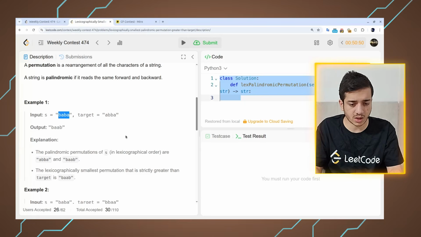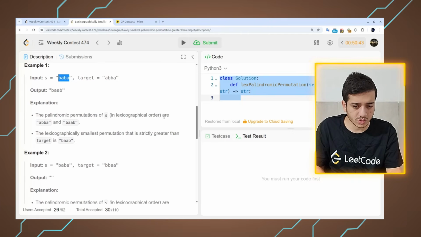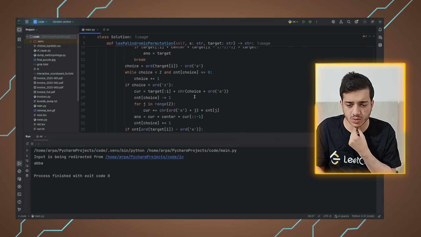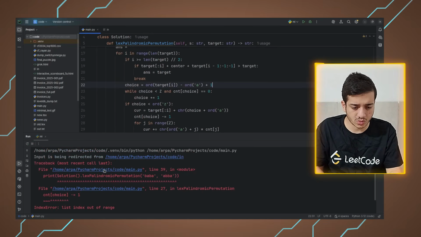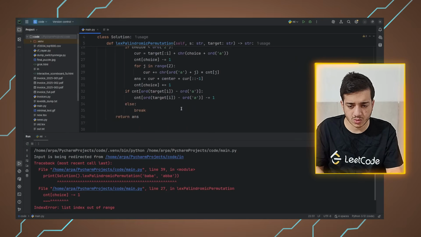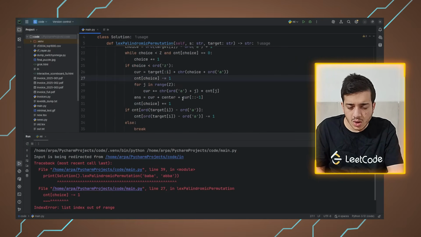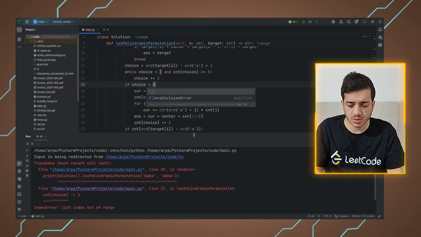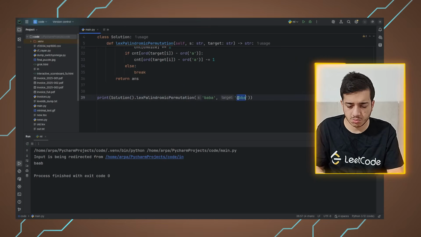What is this thing with copy paste? Oops. Okay. Then Baba and DBA.